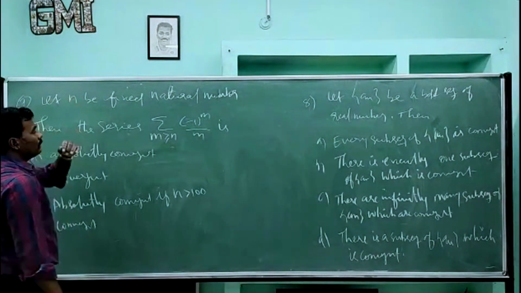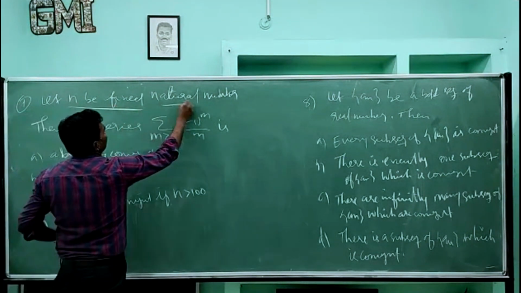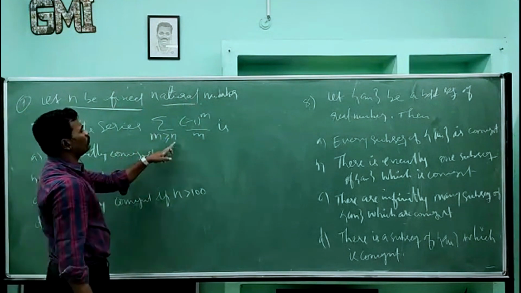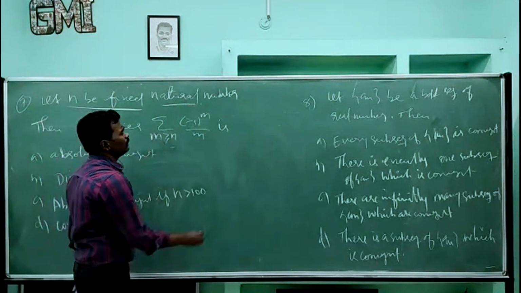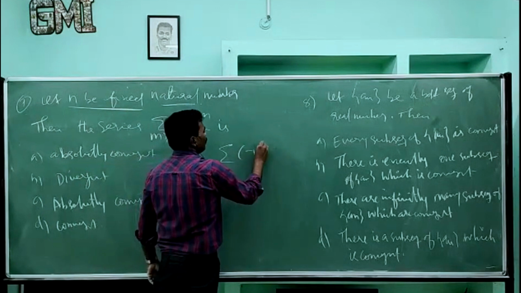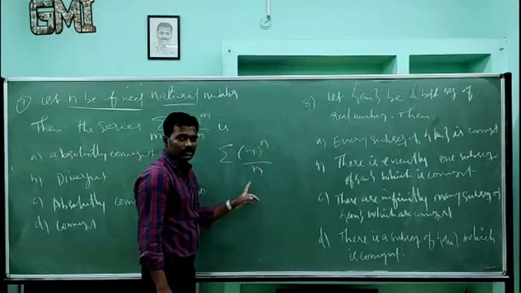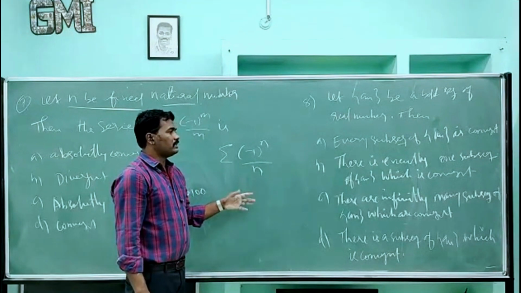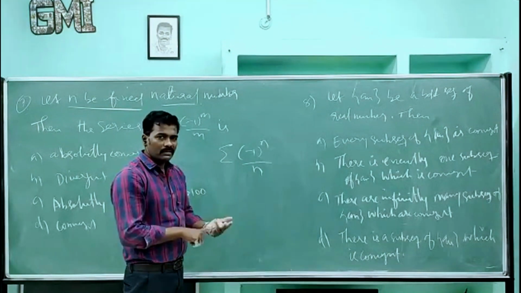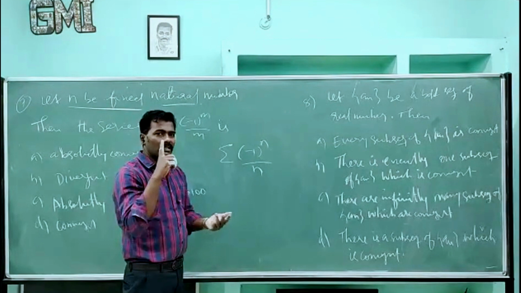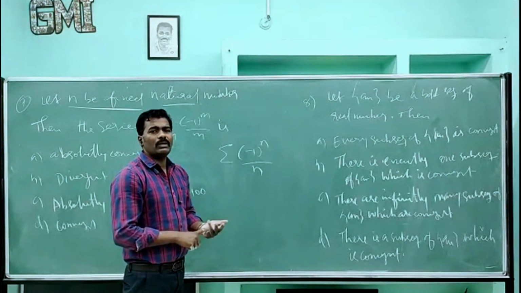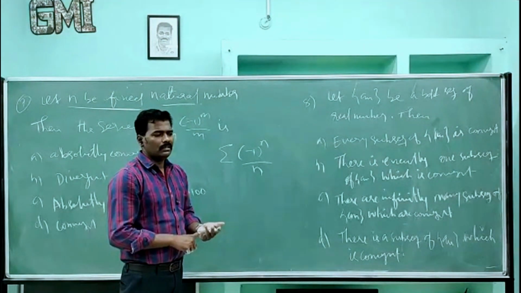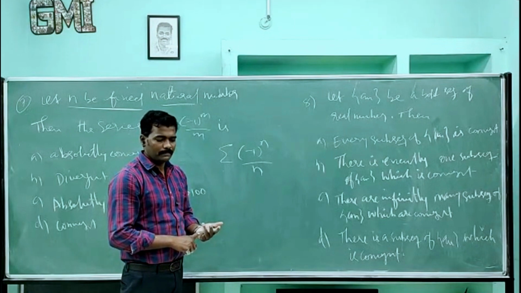Okay, just to see the option, let n be a fixed natural number. It's a fixed natural number. It could be 1 or 2 or 5, whatever it may be. We know this, right? Already we know this is an alternating series. Alternating series, monotonically decreasing, and you know the Leibniz test for a series.